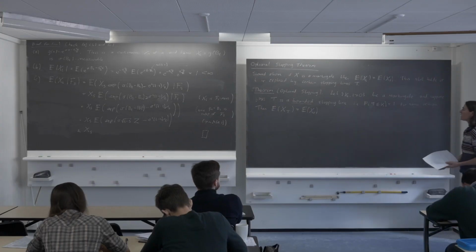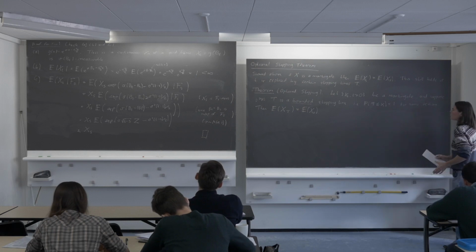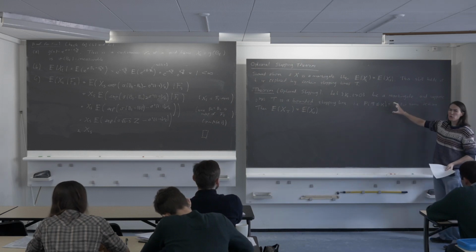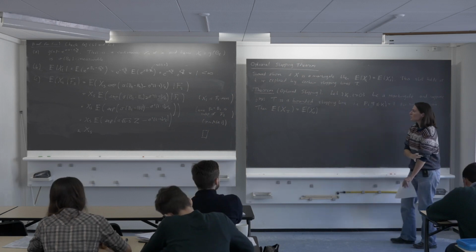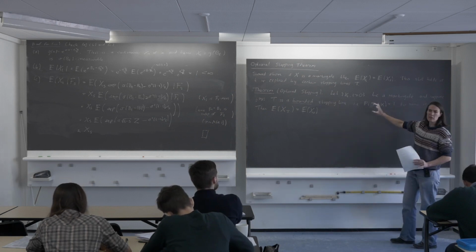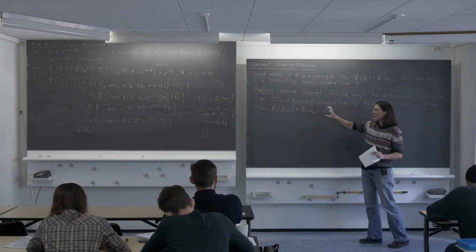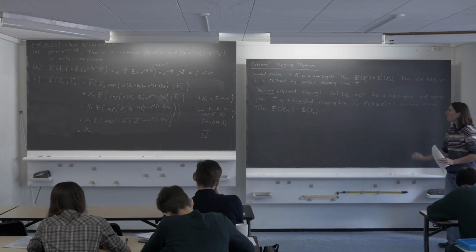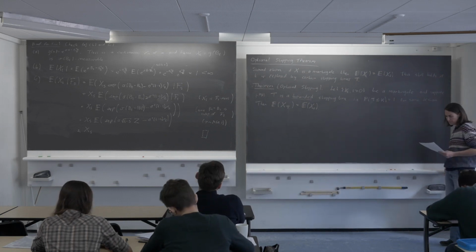So this doesn't work for any stopping time; it needs to be a bounded stopping time. And just for those of you who've seen this theorem before, you may have seen versions with slightly different sets of conditions. This isn't the only version of it. You can put extra conditions on the martingale, and that allows you to relax the conditions on the stopping time. But this is the simplest version of this theorem.